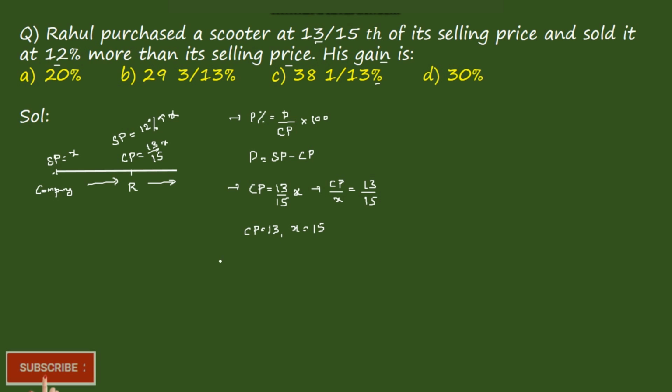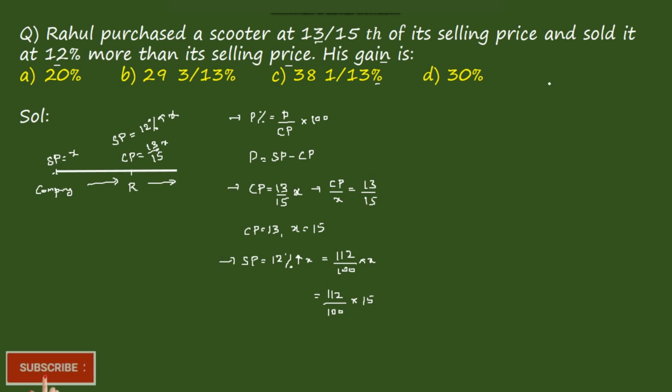Again, we find the selling price. Selling price is given as nothing but 12% more than the X, which is equal to nothing but 112 by 100 into X, where we consider X as 15, right?